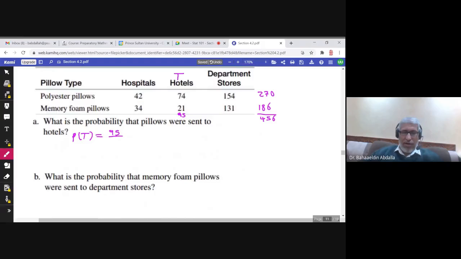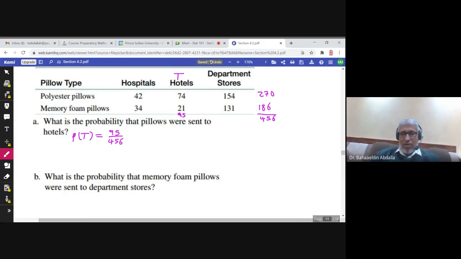So if we divide 95 by 456, this will give me the probability that pillows were sent to hotels, because 95 pillows were sent to hotels and 456 is the total number of pillows. If we divide them, we find the probability.